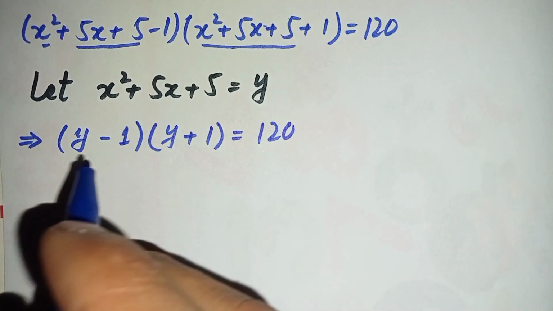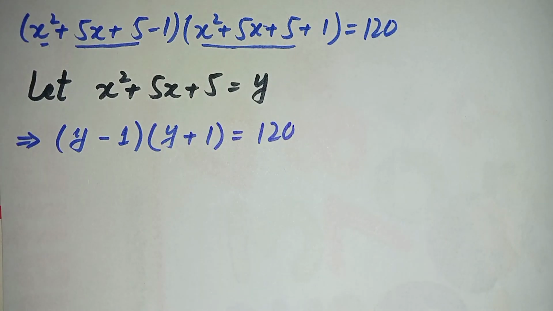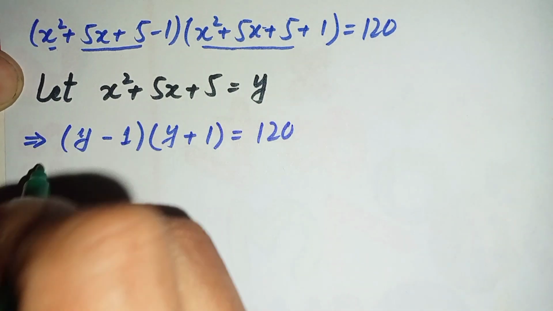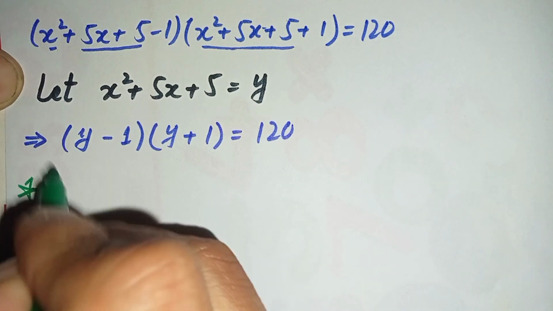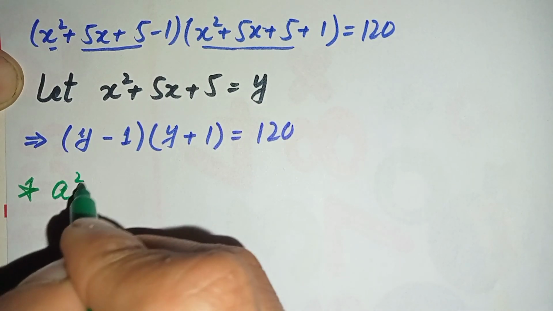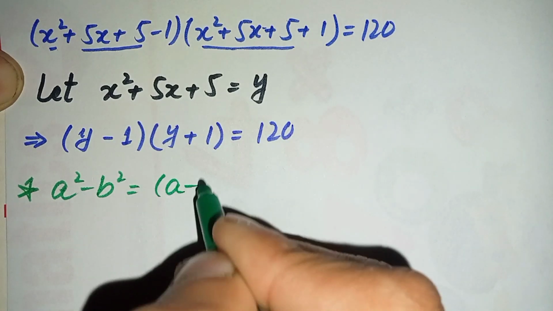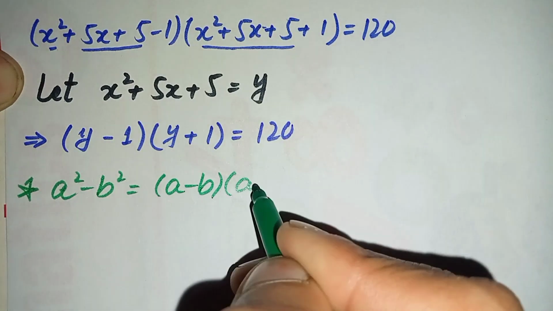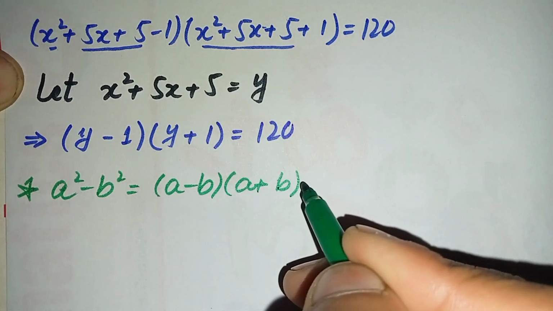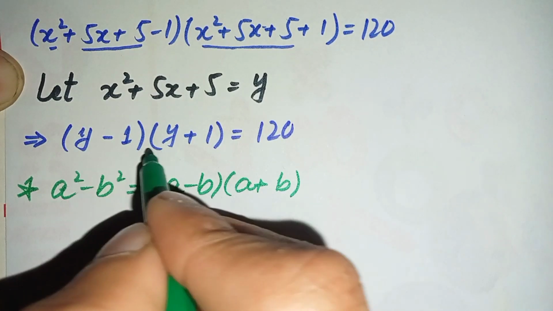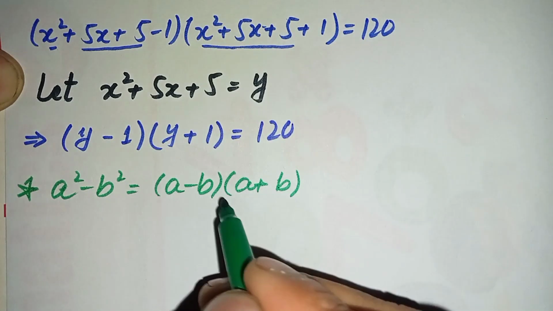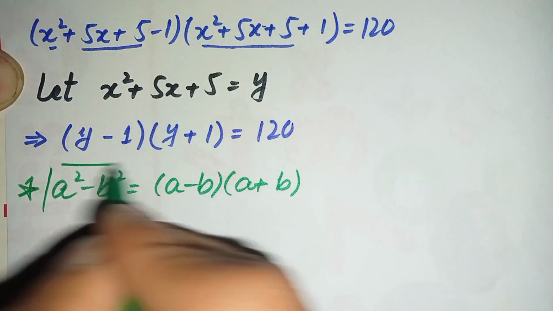Here this is a famous algebraic identity, (a minus b) times (a plus b). So here we will use this algebraic identity, a square minus b square is equal to (a minus b) times (a plus b). Here this side is in this form, so we will change it from this form to the other form.